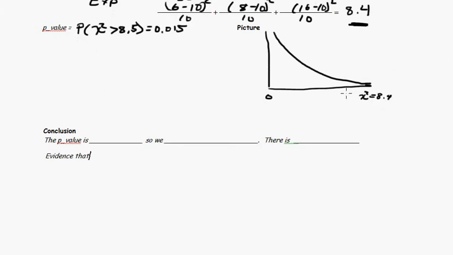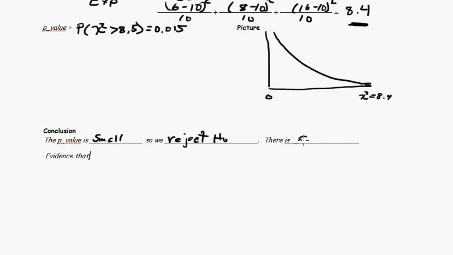Okay, so in this case, the p-value is small, so we reject H0. The chi-square value is nowhere close to the hypothesized value.